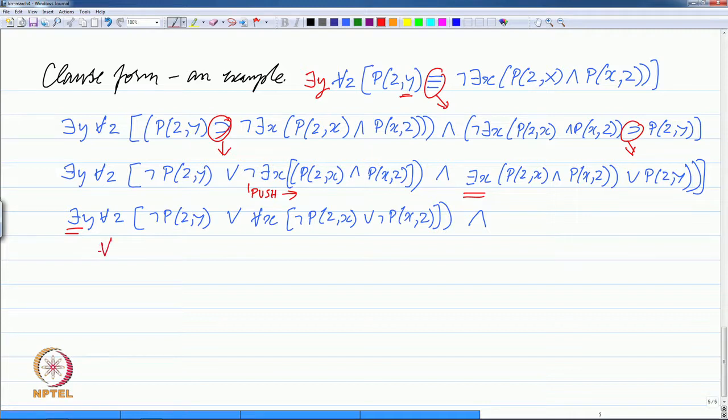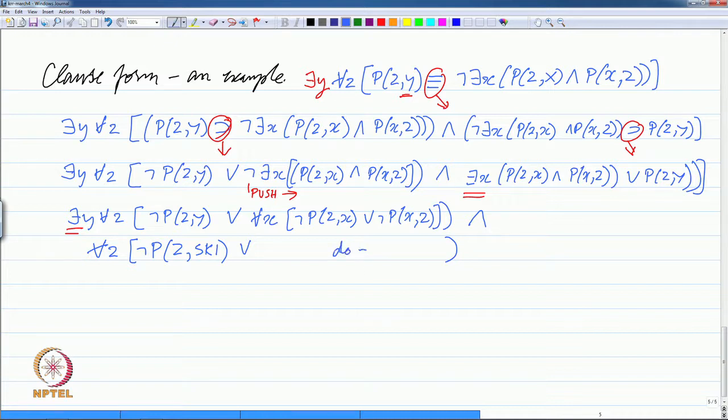So, we will be left only with the universal quantifier, which is for all z, and this y we will replace with some Skolem function, let us call it sk1, a Skolem constant, and the remaining part of this formula will remain the same.